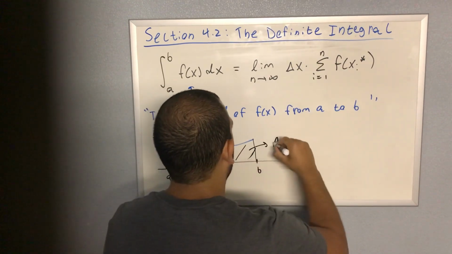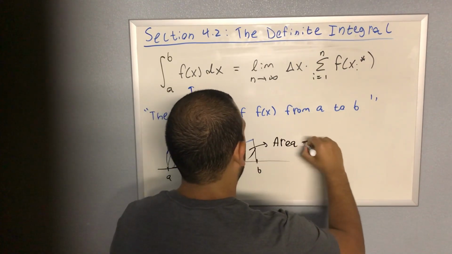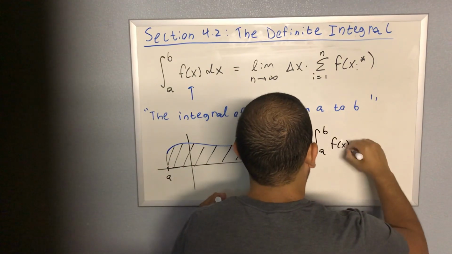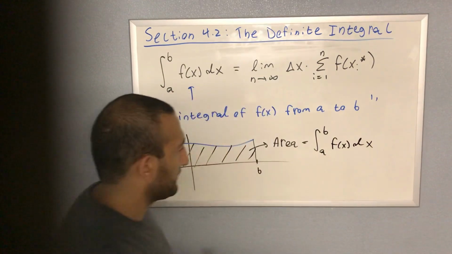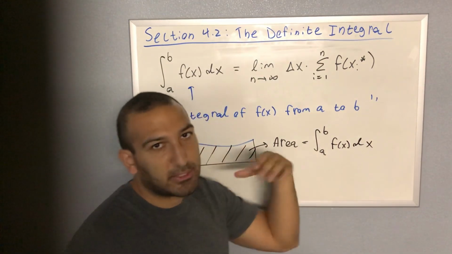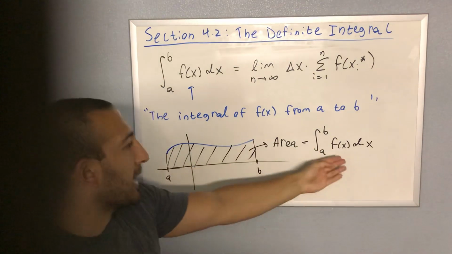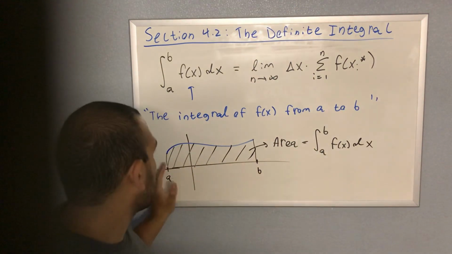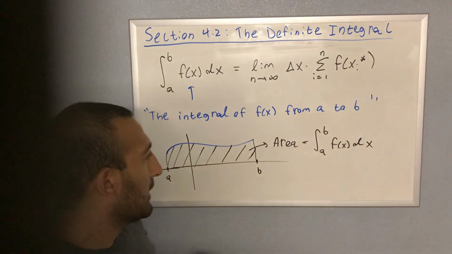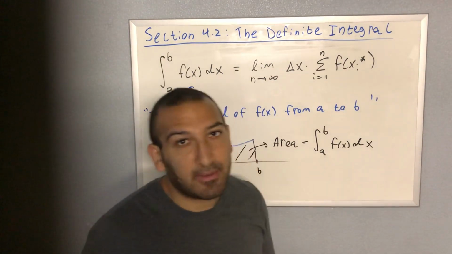So this area is equal to this thing here. So that's what this collection of symbols just means. This is just the area from a to b underneath the graph of our function. So this thing here is called the definite integral.